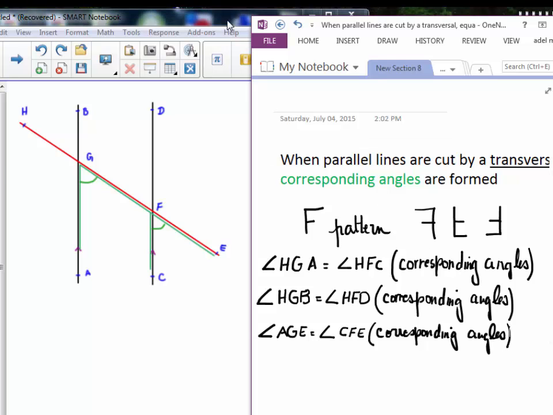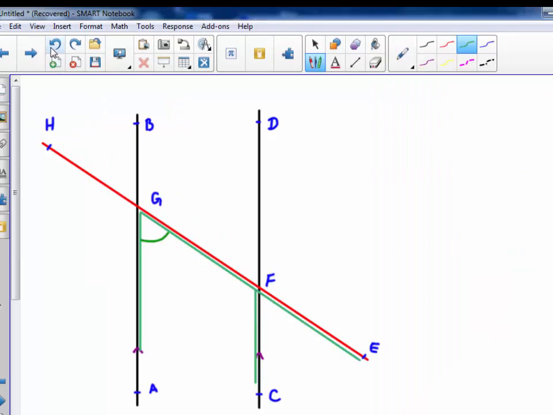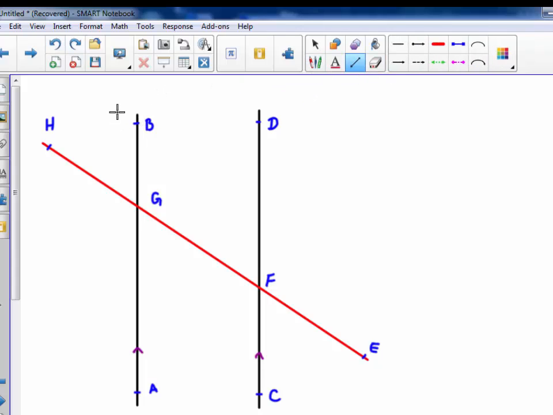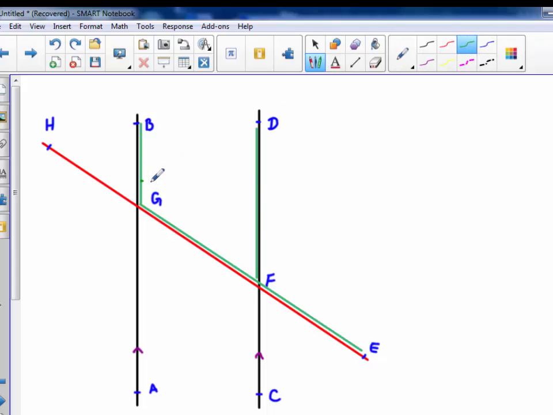Again, if I go back to the drawing and remove this F pattern, let's check, can we find any other F pattern? For sure, yes. I can join B with G, G with E, and F with D. Can you see this F pattern in green? Now I can draw the two angles, and I say that two angles are equal because they are forming the F pattern, which is the corresponding angles.